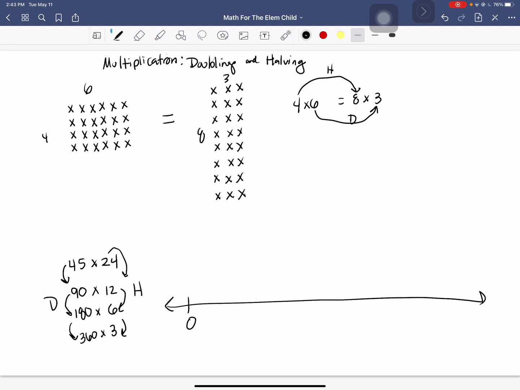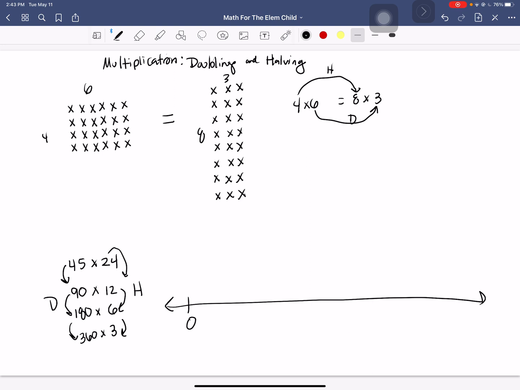So we have 0, and then we will have to jump 360 places 3 times.